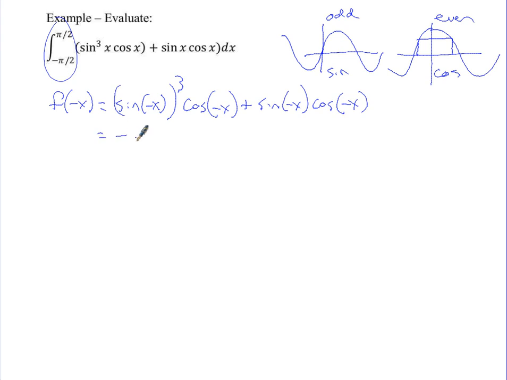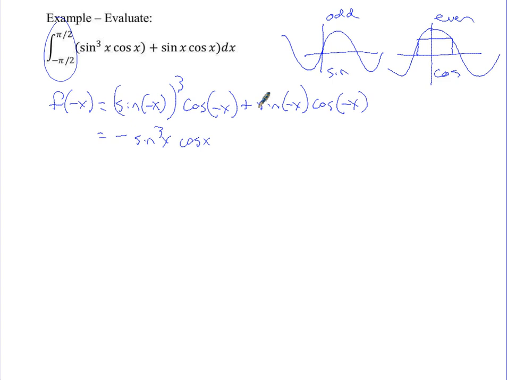Negative sine cubed x. Now cosine is even, which means if I flip the sign of what I'm looking at, what will I get back? Exactly the same thing. So this is cosine x.